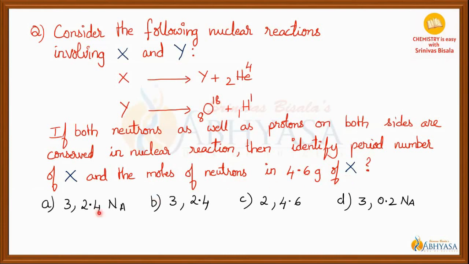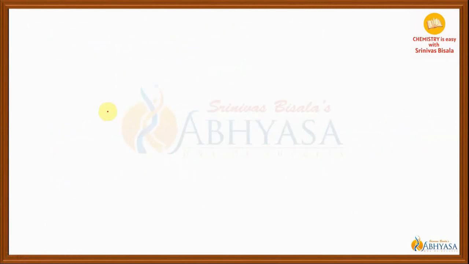Before solving this, let us understand the concept involved in it. Here it is mentioned that the neutrons as well as protons on both the sides are conserved. So what is the meaning of this? This means the number of protons as well as neutrons are the same on both the sides.